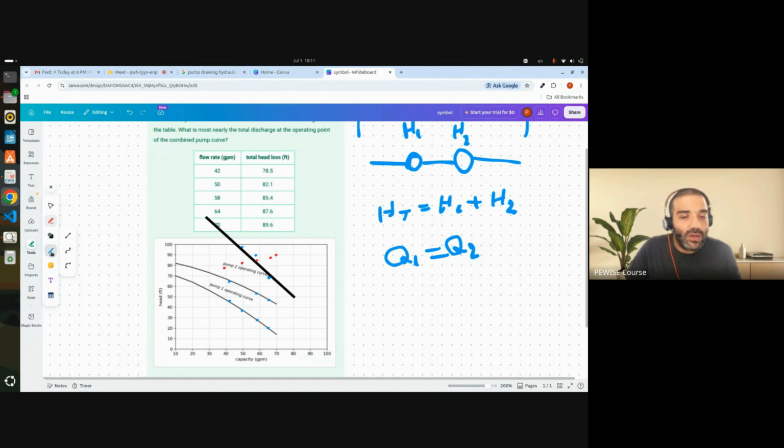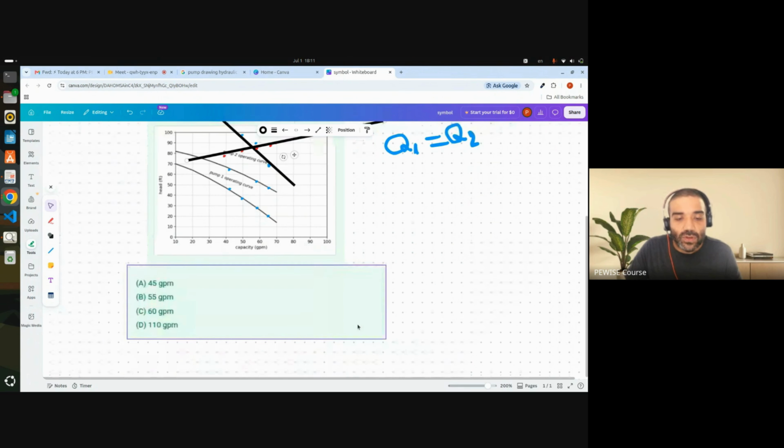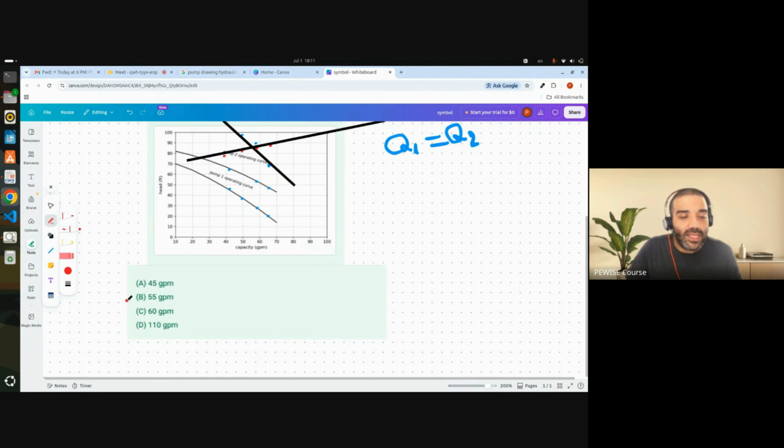So if we draw a line for the head loss, these two lines cross near 55. So do we have that? Yes, exactly. Option B is the answer.